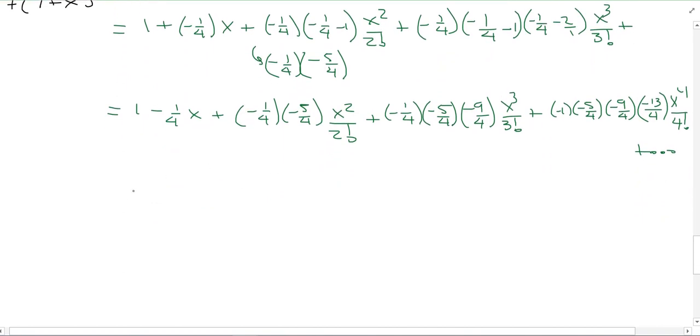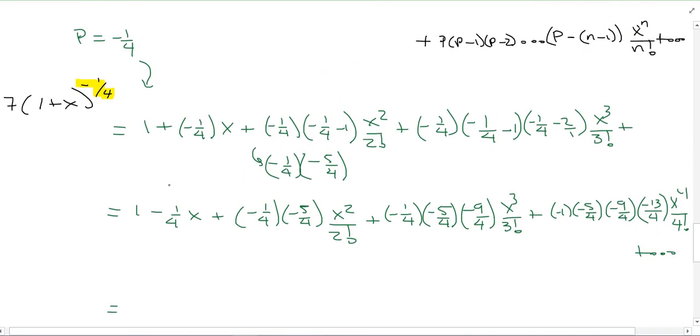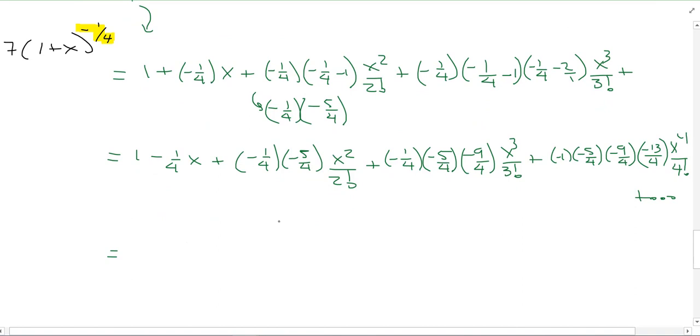So let's see. So we want to be able to write it in a pattern. So I'm going to have my, let's see, so it's 1 minus 1/4 x plus, what does this look like? So notice when it's x squared, I have 4 squared. So I'm going to have negative 1 times negative 5 over 4 squared times x squared over 2 factorial.